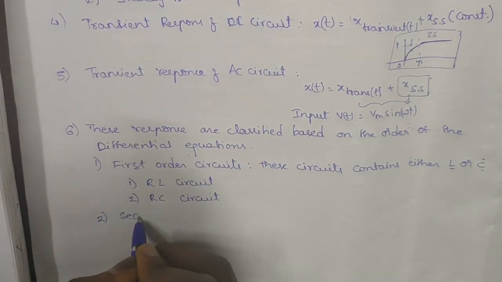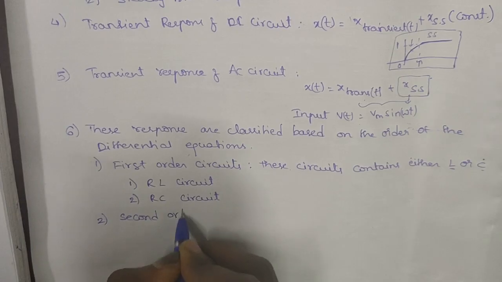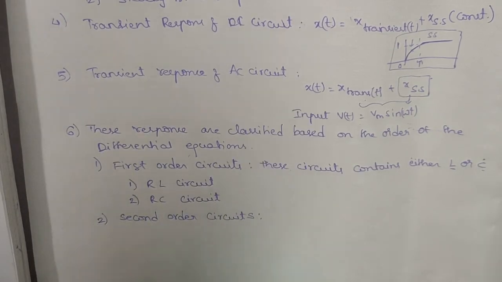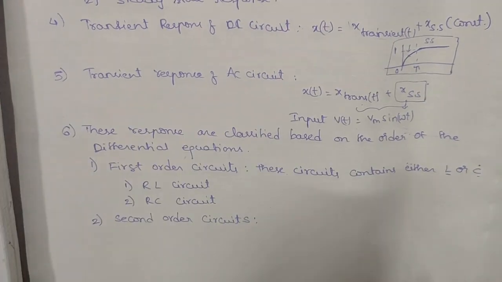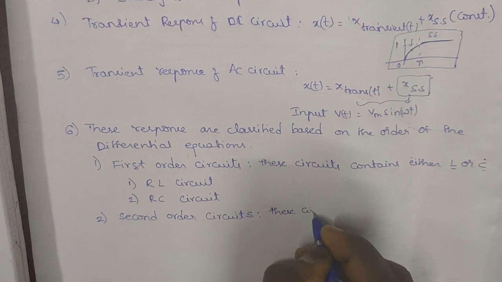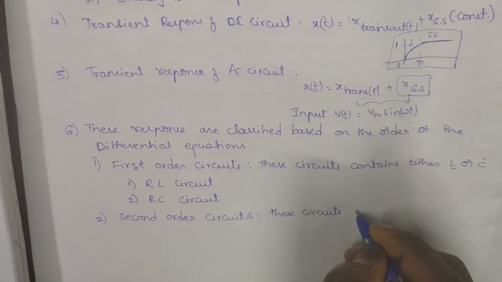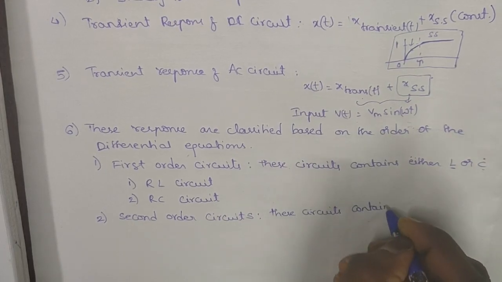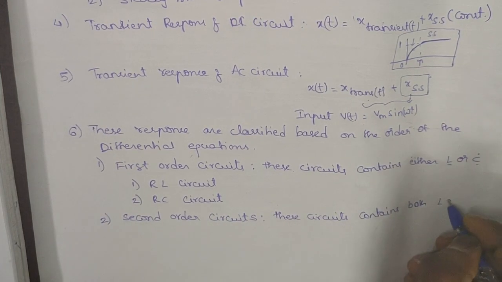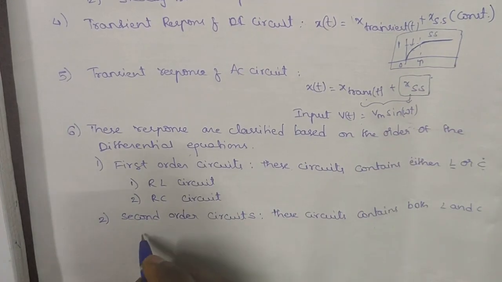For a second order circuit, this circuit contains both L and C elements.